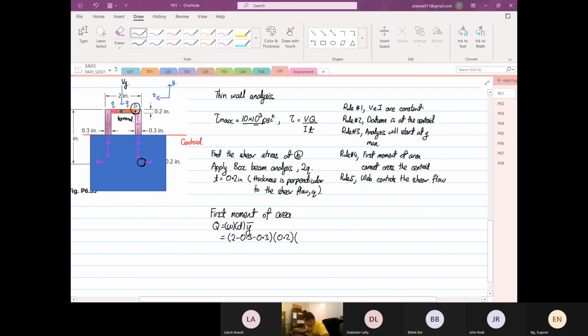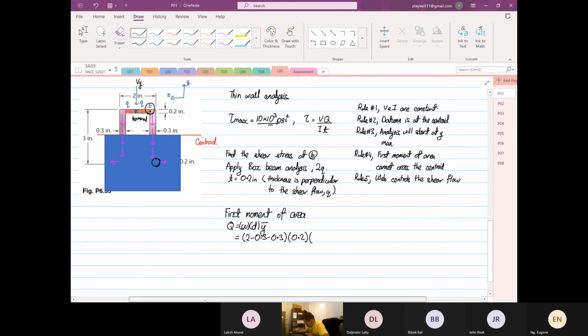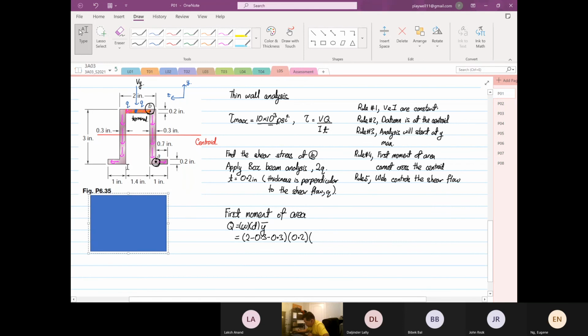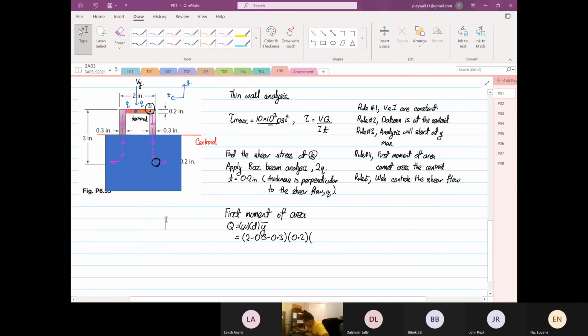The y bar, because the whole thing is 1.5, and if you look at this structure in terms of area, the top area and the bottom area are the same, so the centroid, the y bar, is at 1.5. So this will be equal to 2 minus 0.3 minus 0.3 times 0.2 times 1.5, which is equal to 0.42.